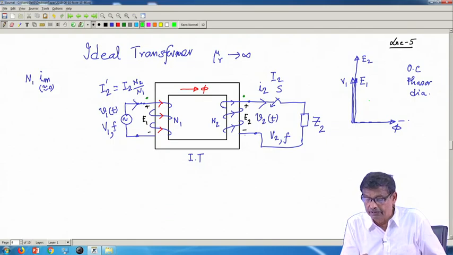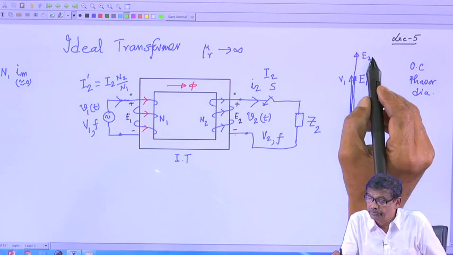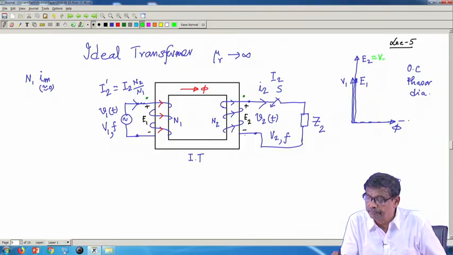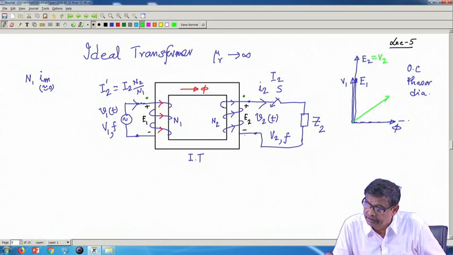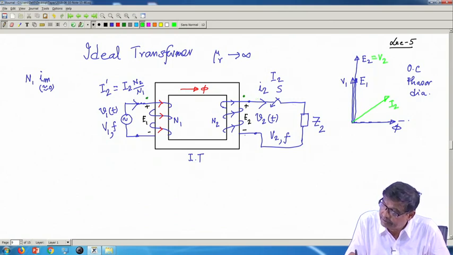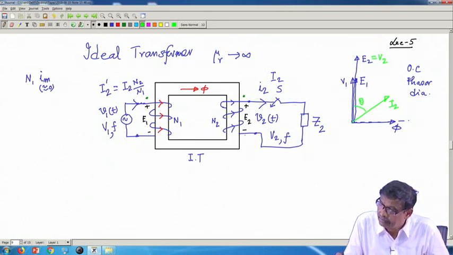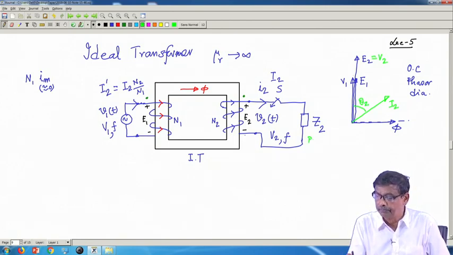The secondary current will lag the V2 voltage, where E2 is equal to V2, mind you, by the power factor angle of the load. This will be your I2. So, this I2 will lag V2 by the power factor angle of the impedance, which is theta, say.